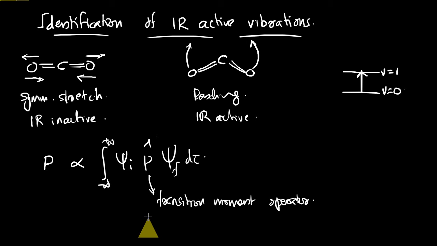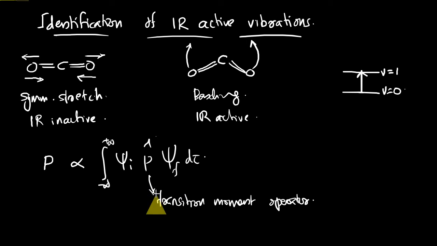But that is not the nature of the spectral transition when we are considering Raman spectroscopy. There we are considering not the dipole moment, but the polarizability of the molecule. So different spectral transitions will have different natures, and this particular operator will depend upon the type of spectral transition. Obviously, we are talking about IR spectroscopy.